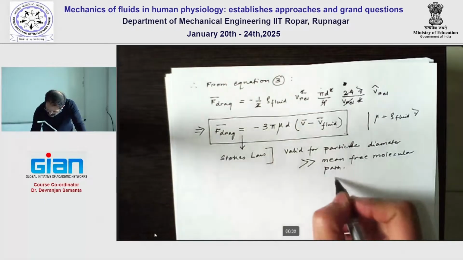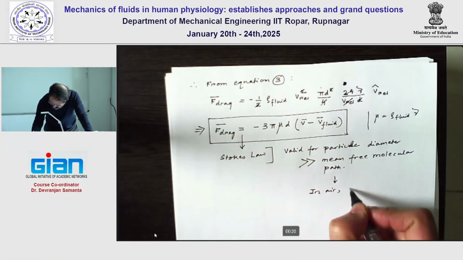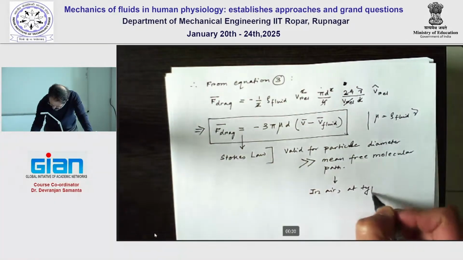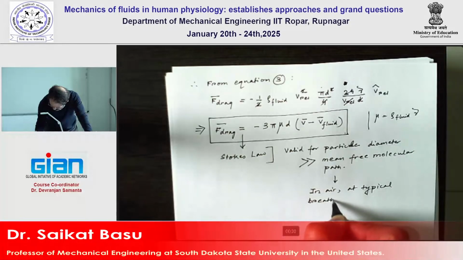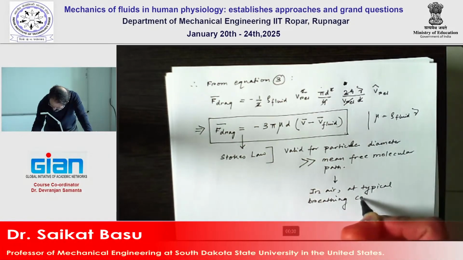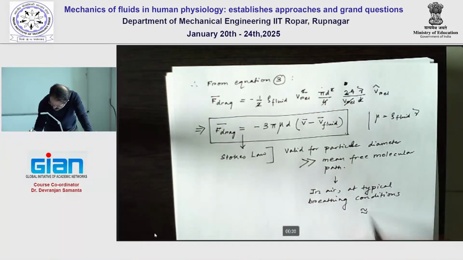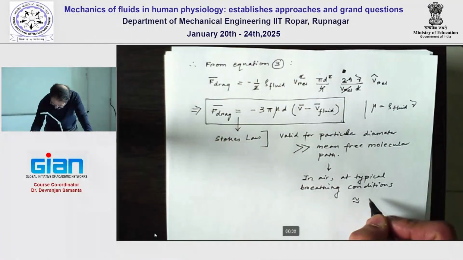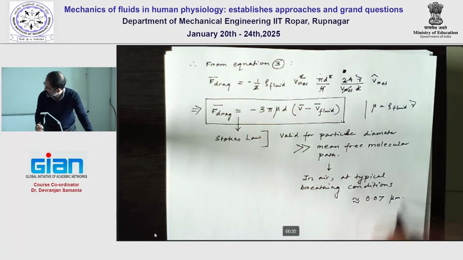So in air, at typical breathing conditions, this mean free path distance is 0.07 micron, actually 0.067.